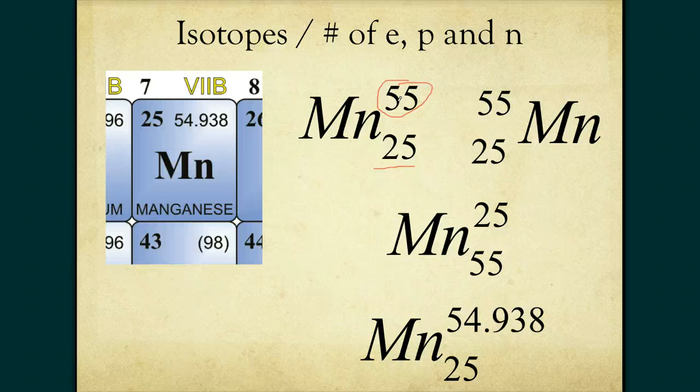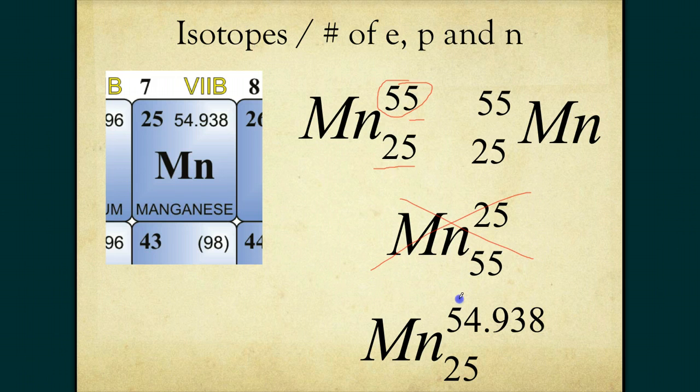What would be a mistake, though, is, first of all, if you flip, and then the way Miss Grogan explains it, you write the bigger number at the top, because when you subtract one from the other, that gives you the number of neutrons, right? Because 55 minus 25 is 30, so you write the bigger number at the top and the lower number at the bottom. And then, so this would be wrong.